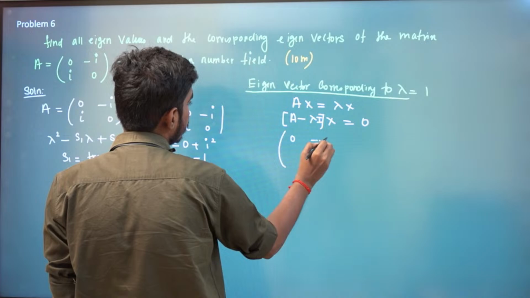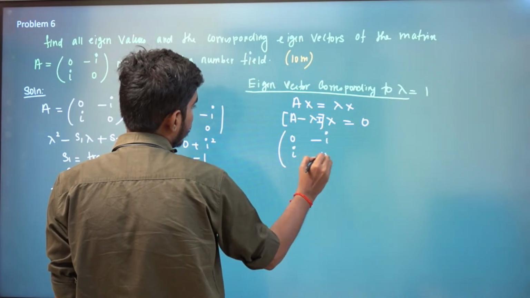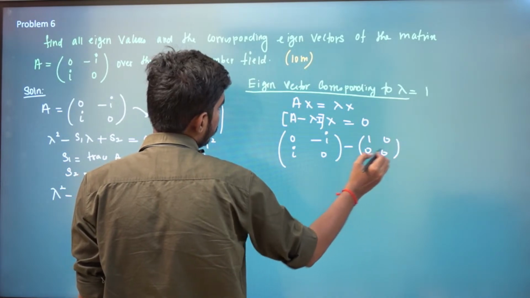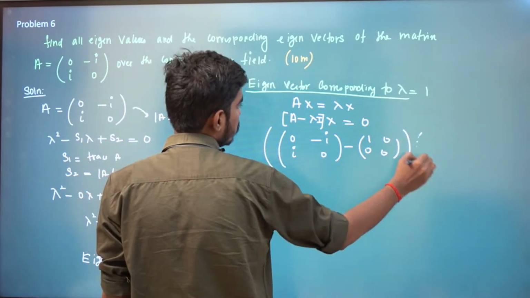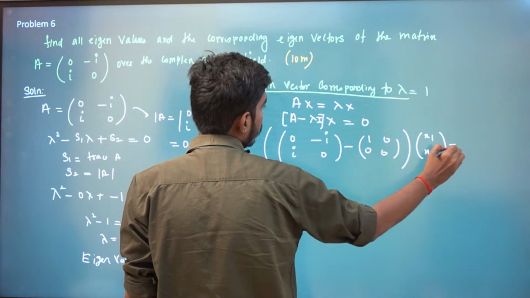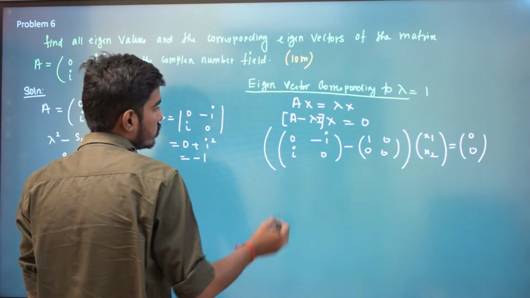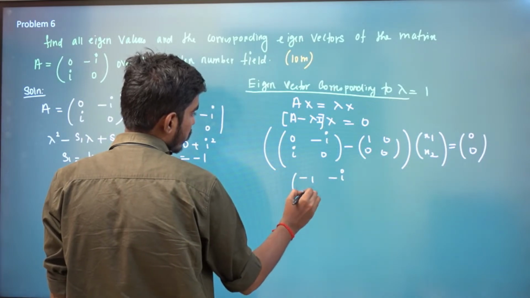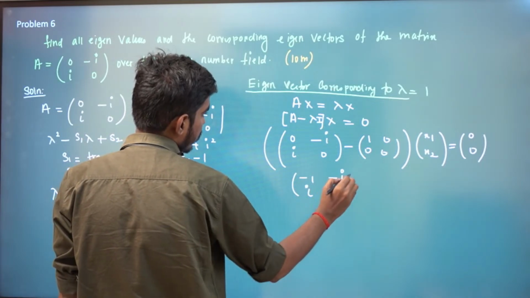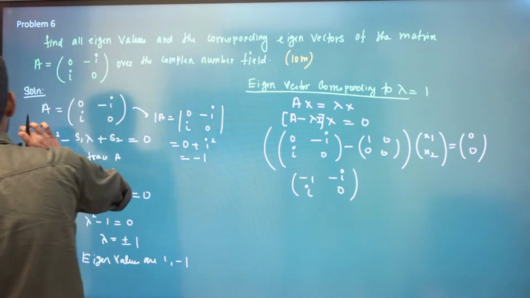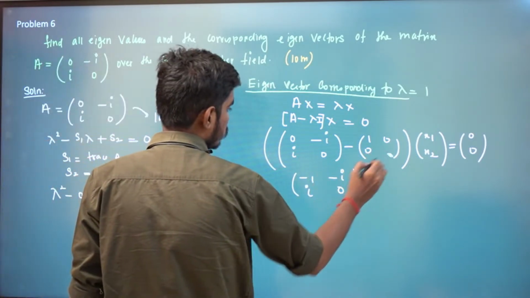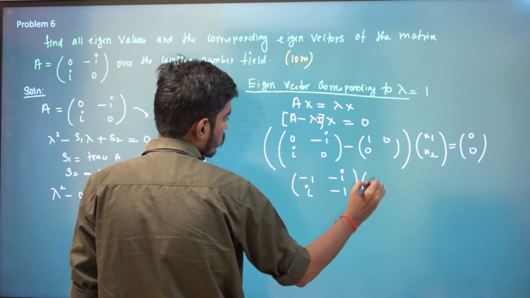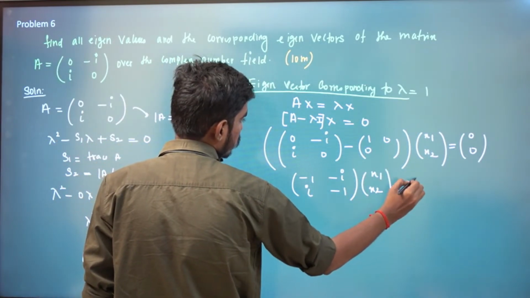A is given by [0, -i; i, 0] minus lambda times I. Lambda is 1, so [1, 0; 0, 1], into x. Let us say x1, x2 is our eigenvector, equal to 0, 0. So we will have [-1, -i; i, -1] times [x1; x2] equal to 0.